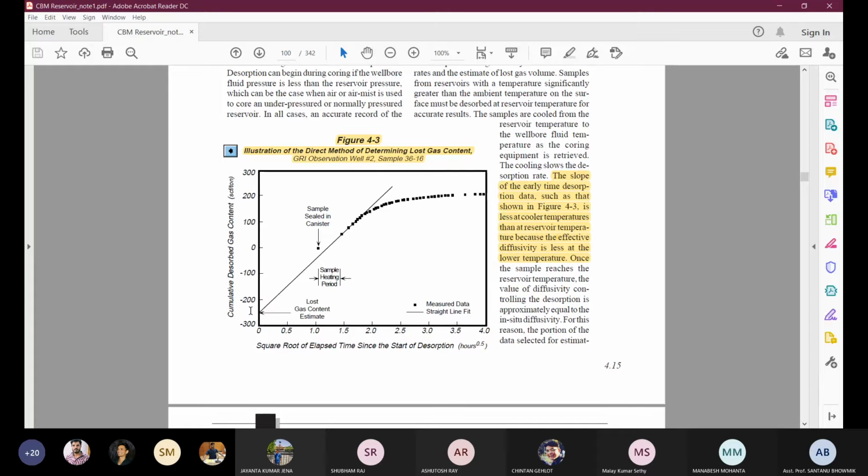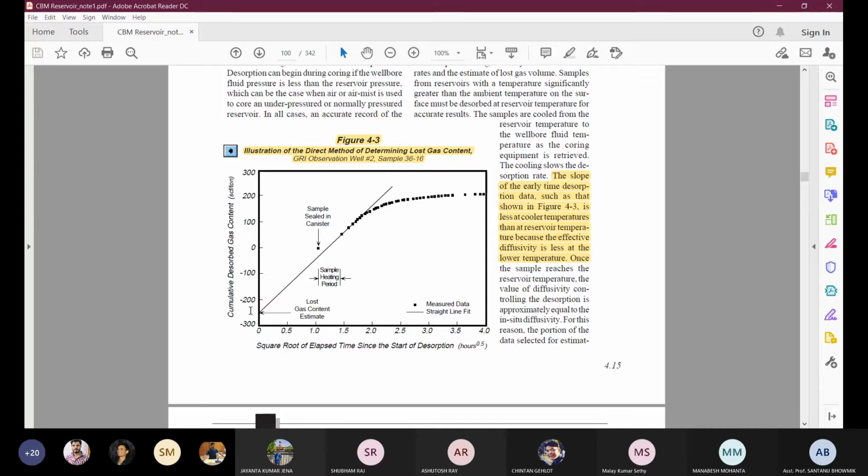If you crush the coal sample into small lumps, you are actually increasing the contact surface from where desorption can take place. So as you crush the sample, some amount of the gas pressure is going to be reduced.